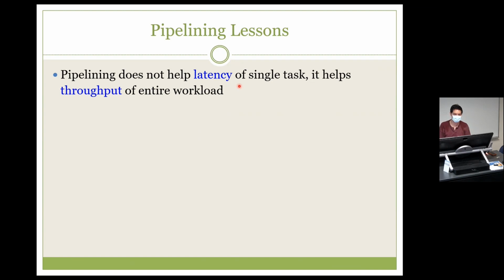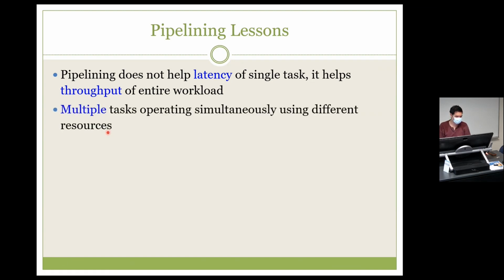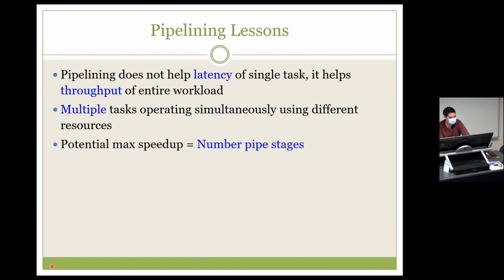You still enjoy the whole coaster. But they're able to get more guests on in a given amount of time. We're able to do this by having multiple tasks operating simultaneously using different resources. And our potential max speedup is the number of pipeline stages, assuming that they're all equally timed.